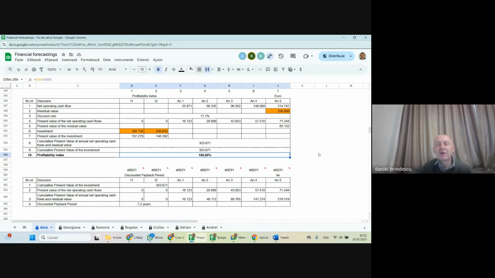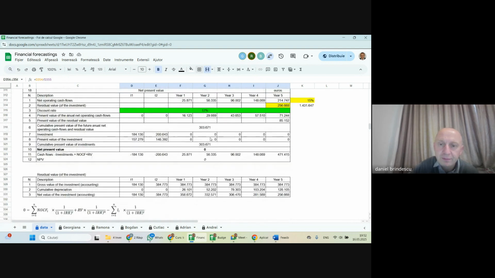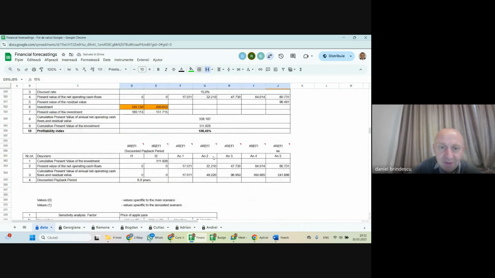So when the net present value is 0, the internal rate of return is equal to the discount rate, and the profitability index is 100%. Lowering again the expectations to 15%.